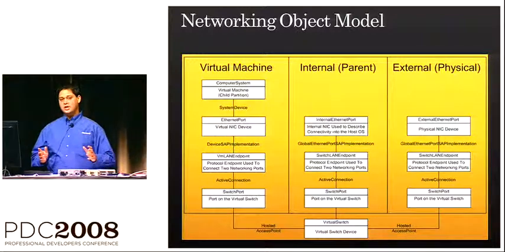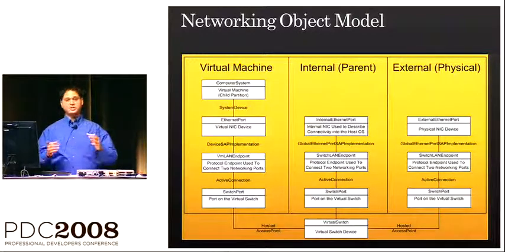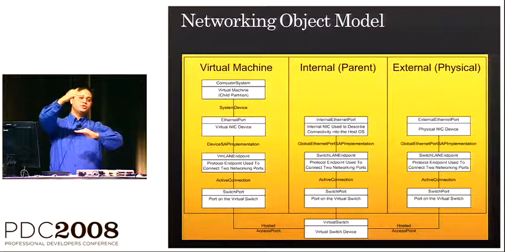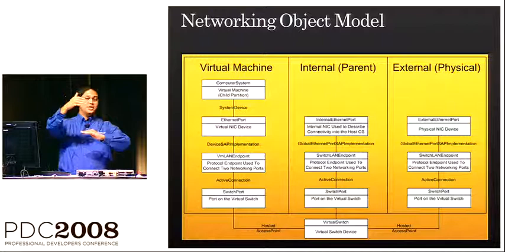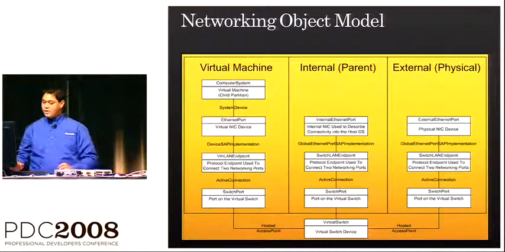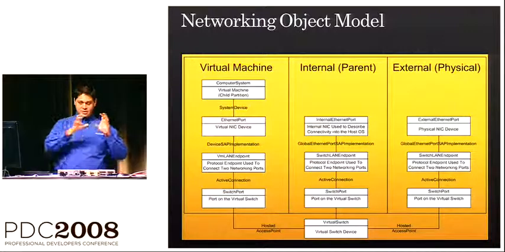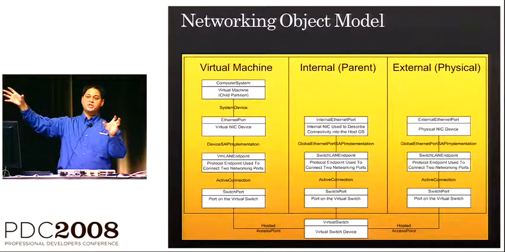An internal connection is basically a connection between your virtual switch up into your physical operating system, your host operating system. And finally, we've got a virtual machine connection. This is basically a connection between the switch and a virtual machine.